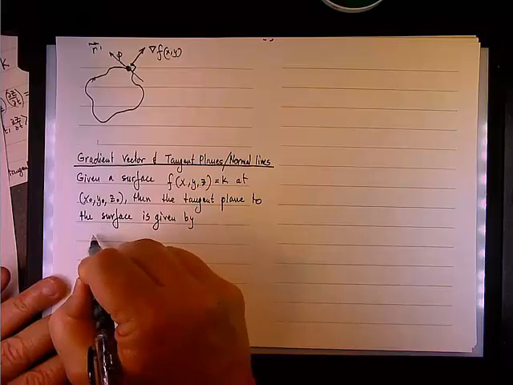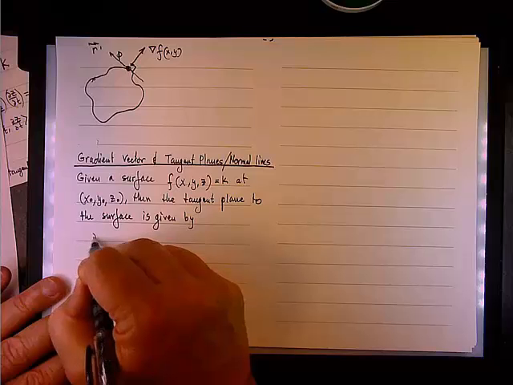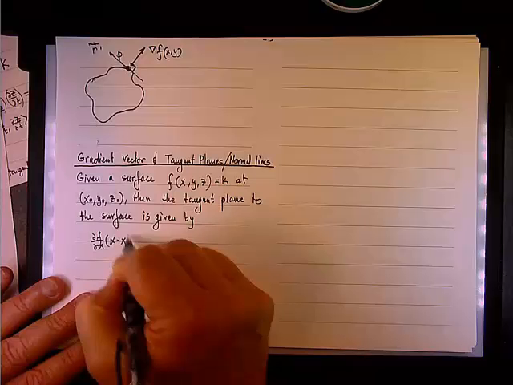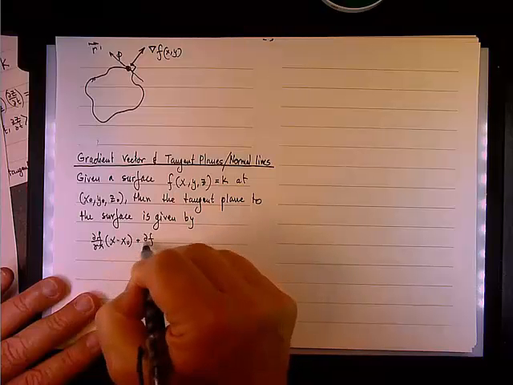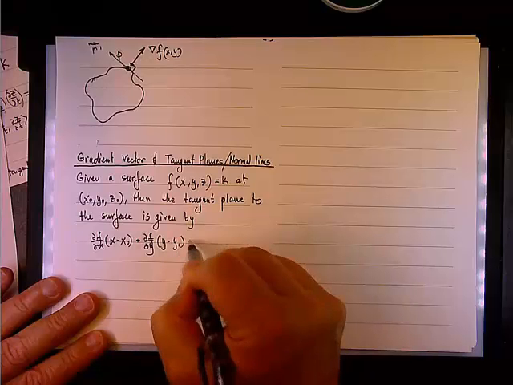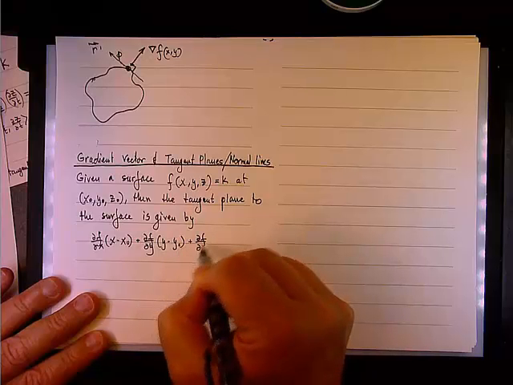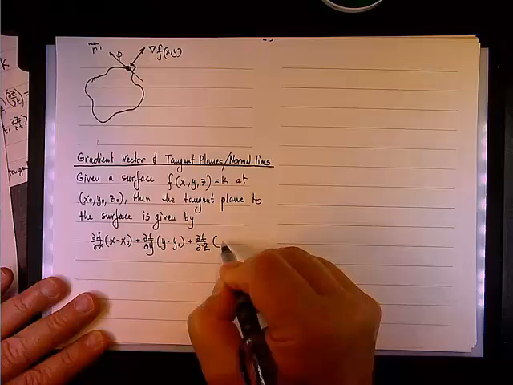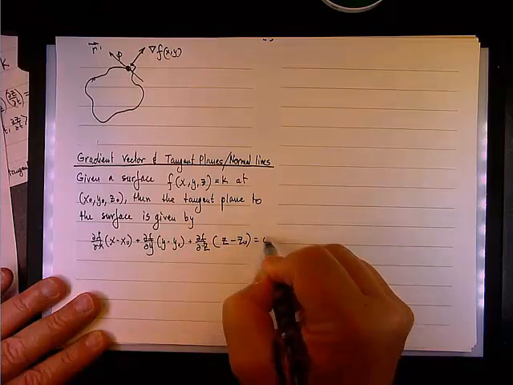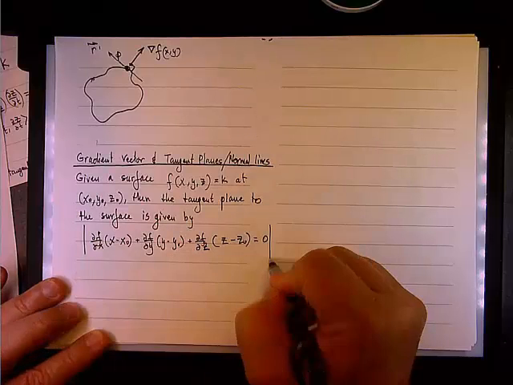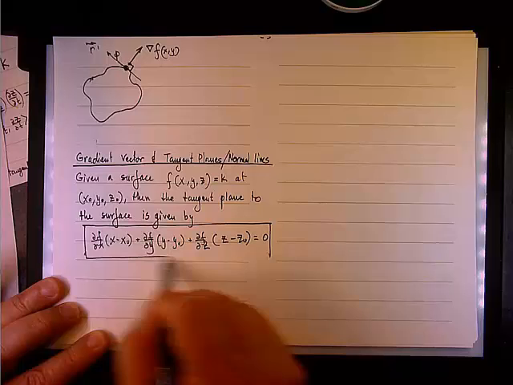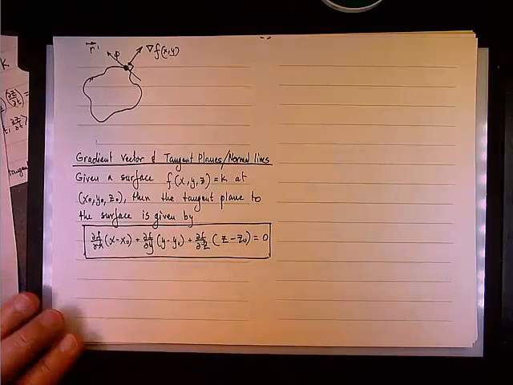So we'll have del f del x times x minus x sub 0 plus del f del y times y minus y sub 0 plus del f del z times z minus z sub 0 equals 0, and that will be the equation of the plane.